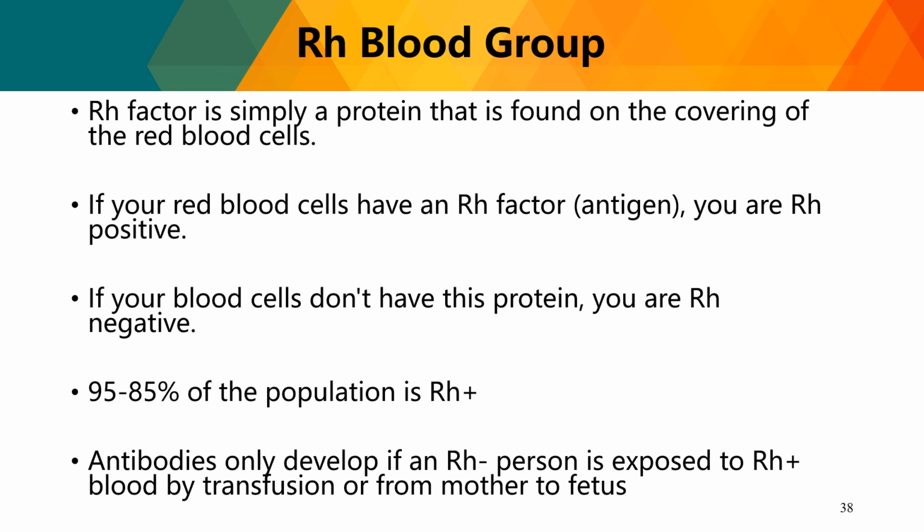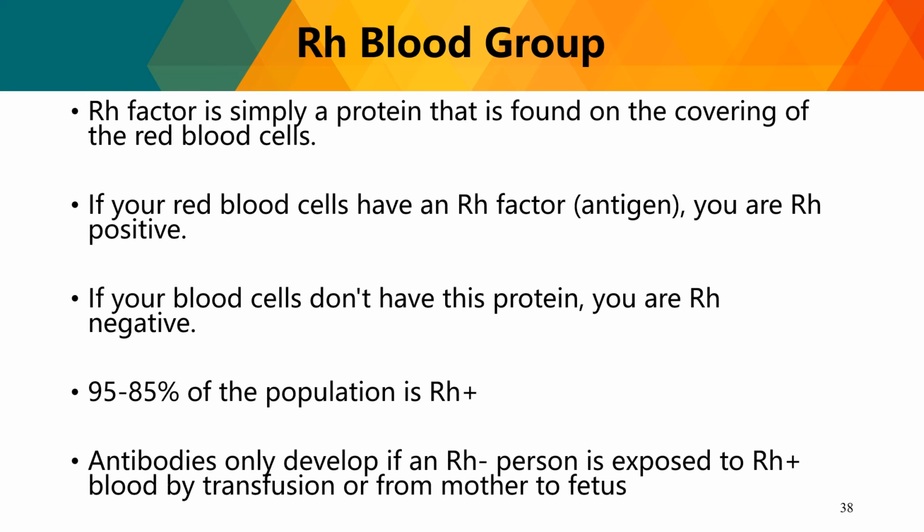Okay, so the RH blood group. So RH factor is simply a protein that is found on the covering of your red blood cells. So if your red blood cells have an RH factor antigen, you are RH positive. If your blood cells don't have this protein, you are RH negative. And 85 to 95% of the population is RH positive.